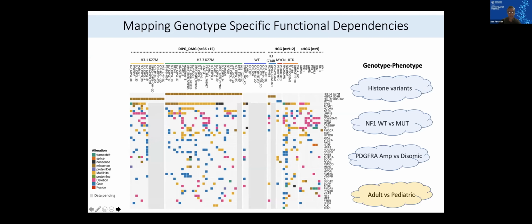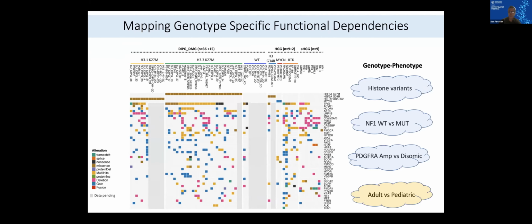Just to illustrate, I'm showing here an oncoplot of the high-grade gliomas that are in our collections. You can see it spans the different histone variants, H3.1, H3.3. We have wild-type gliomas, and we have the G34R variants along with different molecularly defined subclasses.